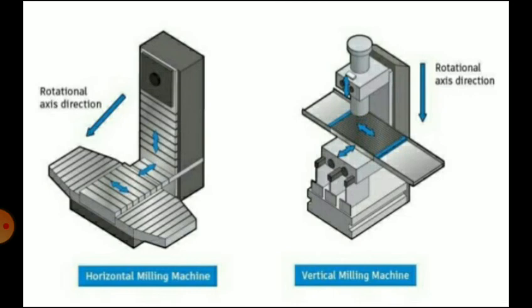In the horizontal machining center, x-axis control is for table movement left to right, shown by the arrow. Then y-axis movement is for the vertical movement of the spindle, indicated by the vertical arrow, and z-axis movement is for the horizontal movement of the spindle. It is given a rotational axis direction.